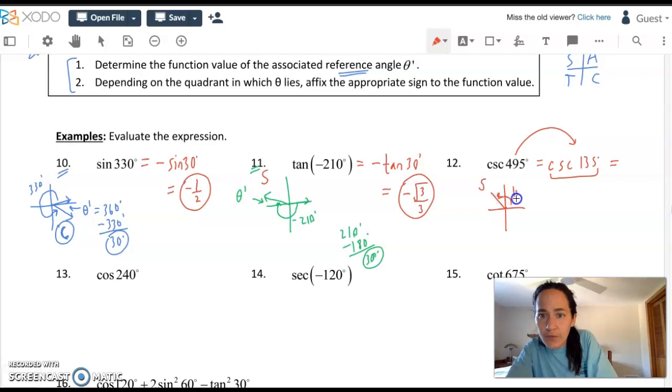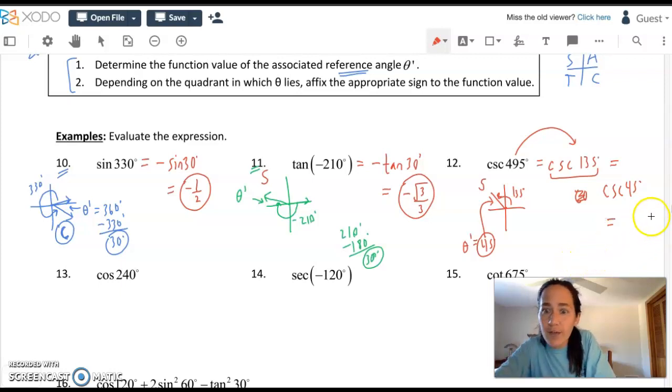You're going 135 degrees this way, meaning your reference angle is 180 minus 135. We can use theta prime equals 45 degrees here. So no need to put a negative sign. We're in quadrant 2 where sine and cosecant are positive. It's going to equal the positive CSC of 45 degrees. We are flipping the sine of 45. We're flipping square root of 2 over 2. And this one should just come out to be the square root of 2.